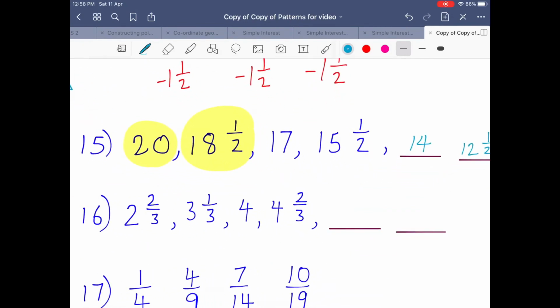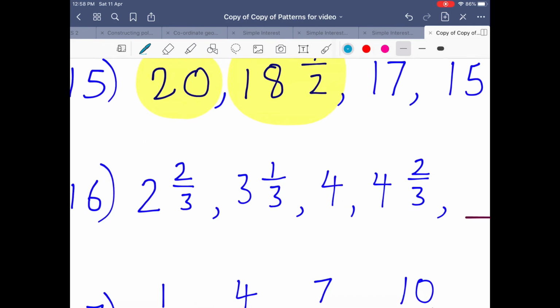So number 16, if we look carefully again, we can see that this is not a mixed pattern, but it's simply a fraction pattern. In order for us to go from 2 2/3 to 3 1/3, we are simply adding 2/3.